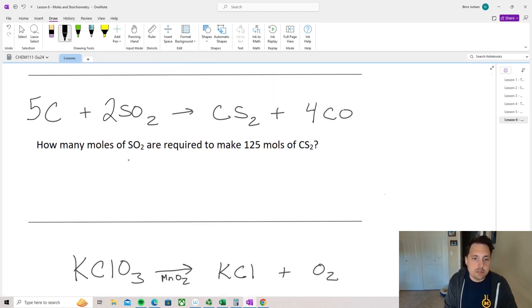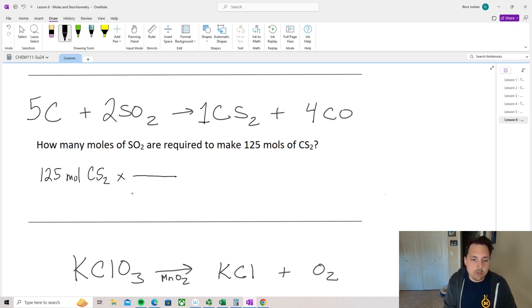All right, so how many moles of sulfur dioxide are required? Well, let's start with this product here. So we're actually starting with the product this time. We have 125 moles of it. So this is our A on that chart up above. And we just need to look at the coefficients here.